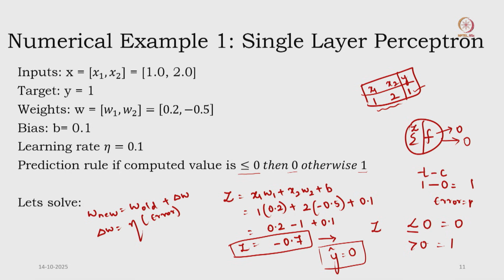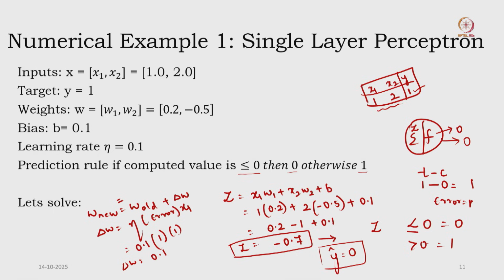So W1 is something associated with X1. So substitute the values. What is learning rate? Learning rate is given as 0.1. What is the error that we have got? The error we got is 1. And what is the X1 value? X1 value is 1. What is the change in the weight? We are going to get 0.1 delta W. With this, go back and then substitute back in this.